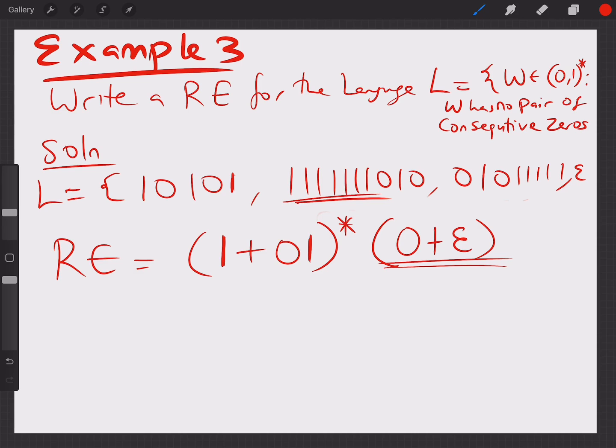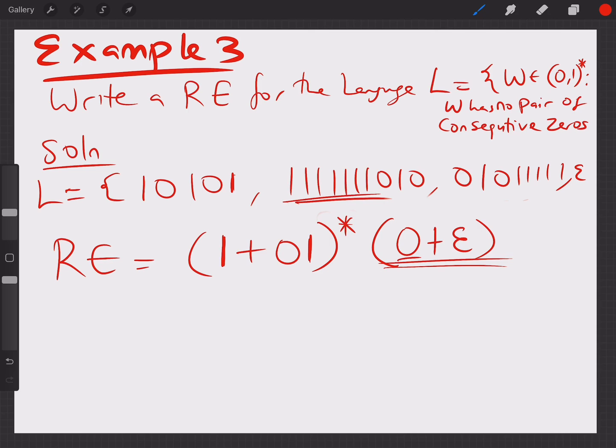We want just a singular 0. So what happens after we have a long string of ones? We can easily have a 0 to end it, and that will work. Or we could have an empty where we don't need to actually add a 0, depending on what the string we are trying to generate is. This is the answer. There could be other forms and varieties of doing this because the goal is just to make sure there are no consecutive zeros. So there might be another way to go about this.